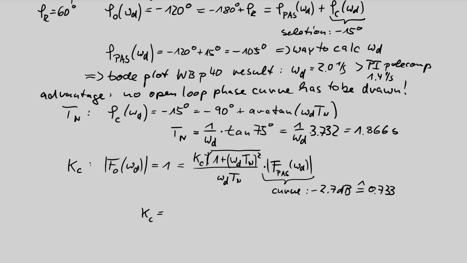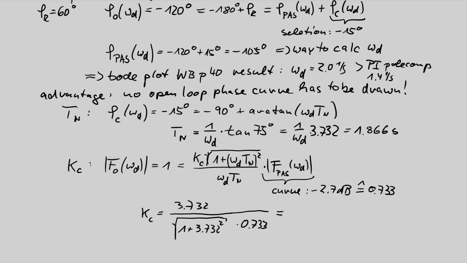and if I solve this to Kc, we get this equation. In the numerator we have 3.732, in the denominator we have the square root of 1 plus 3.732 squared, this on the left side, and this is 0.733. We have now to divide by this value, 0.733.